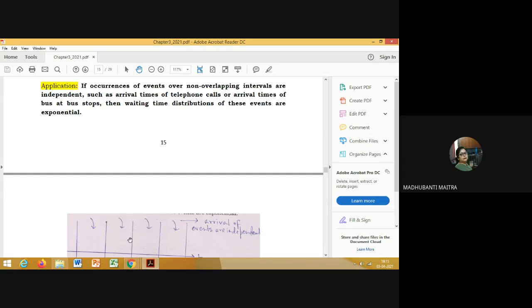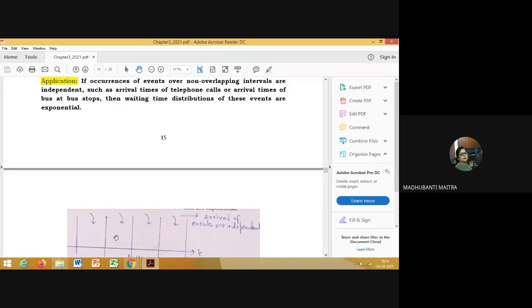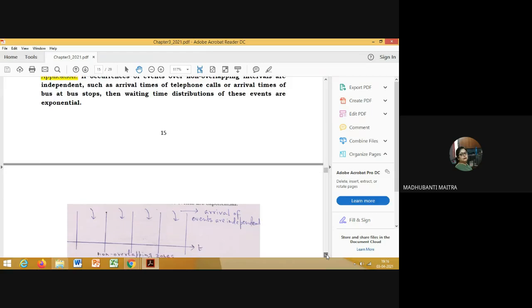The waiting time could be 1.5 hour, like this, right? So the random variable which represents this waiting time distribution should be a continuous one, and this waiting time distribution will follow exponential distribution. Is it clear?